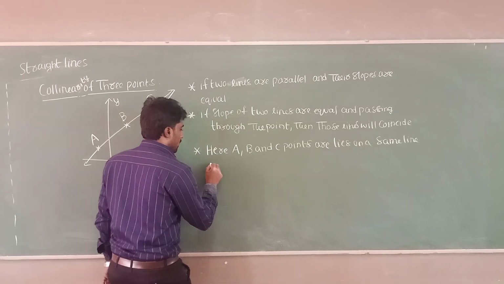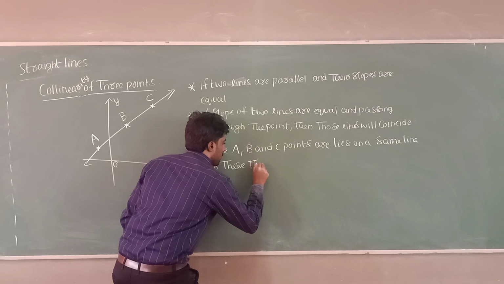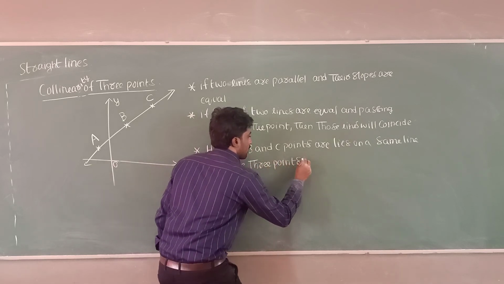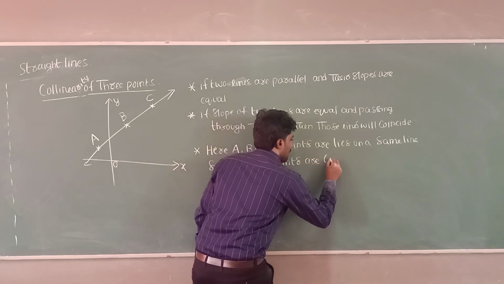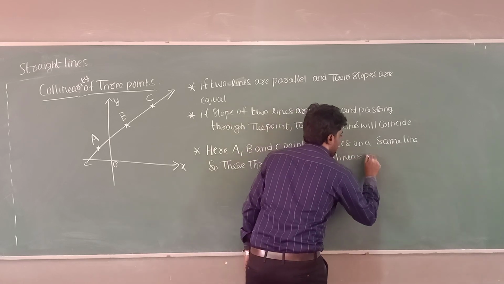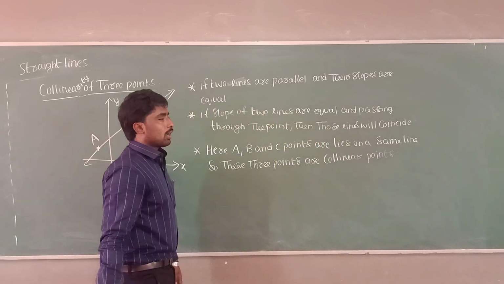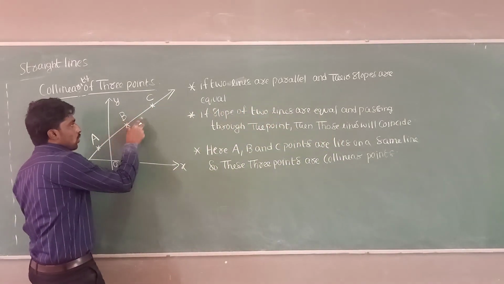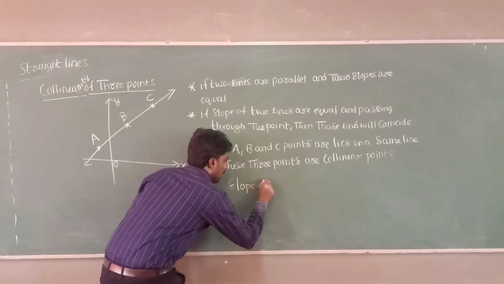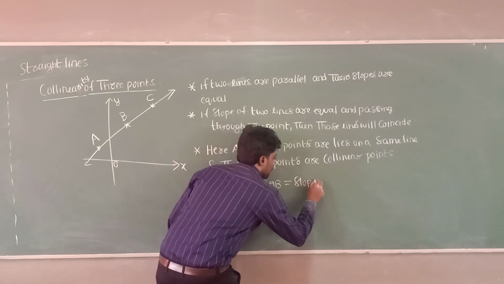These three points are collinear points. Now all of you observe here: if these 3 points are collinear, the condition is slope of AB equals slope of BC.